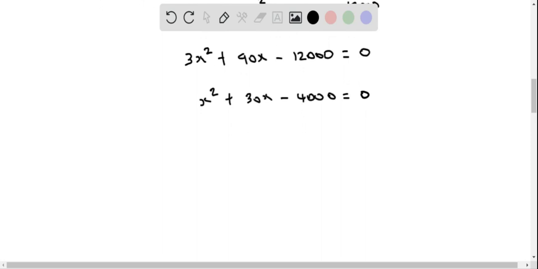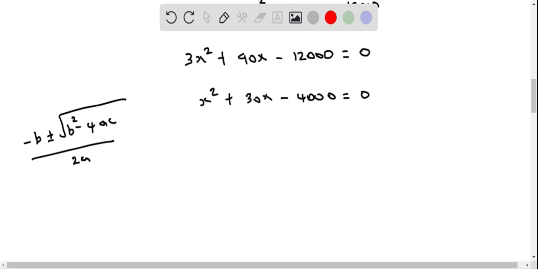We know that the quadratic formula is minus b plus or minus square root of b squared minus 4ac divided by 2a. So let's identify the a, b and c. The coefficient of x squared is a, that is a equal to 1, and the coefficient of x is b, so b equal to 30, and the constant term is c, so c equal to minus 4,000.